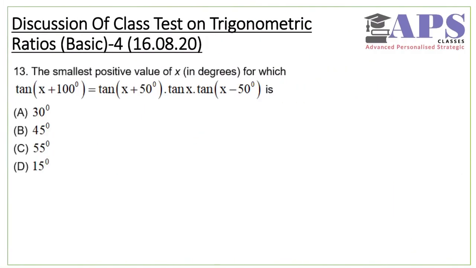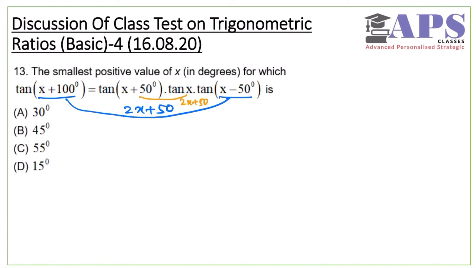In question number 13, if you observe these angles, x plus 100 and x minus 50, their sum is 2x plus 50, and also if I take these two angles, x and x plus 50, their sum is also 2x plus 50.